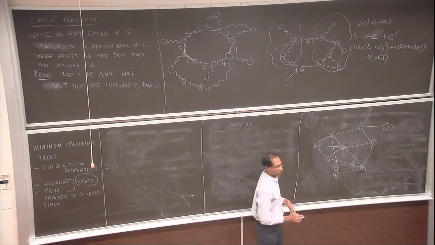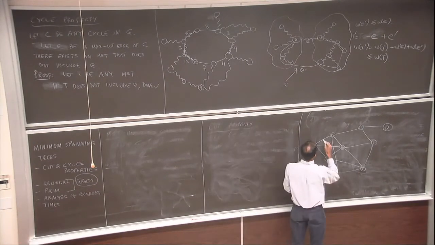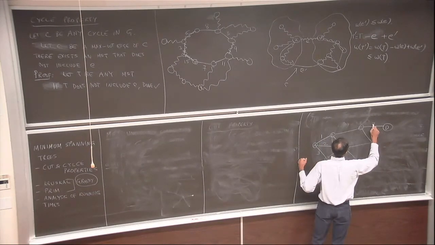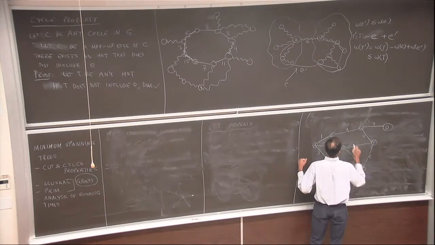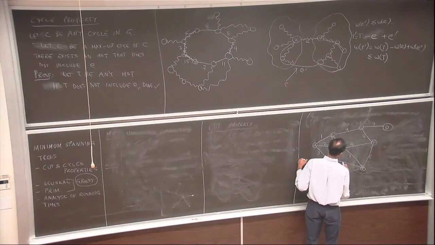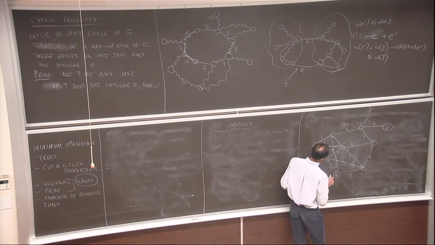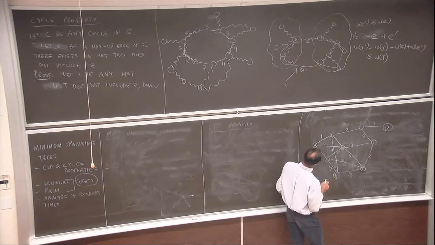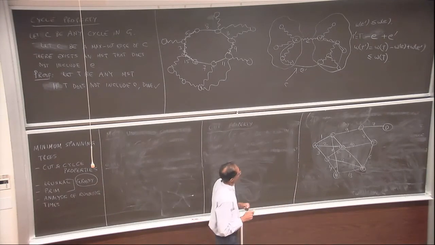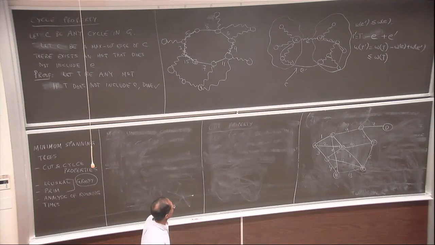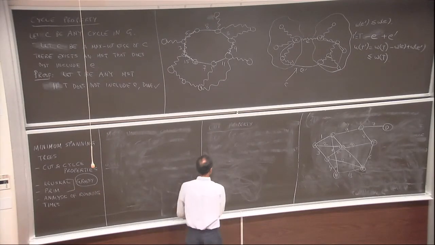There are 9 vertices in this graph, and let me put some weights. I'll put distinct weights.